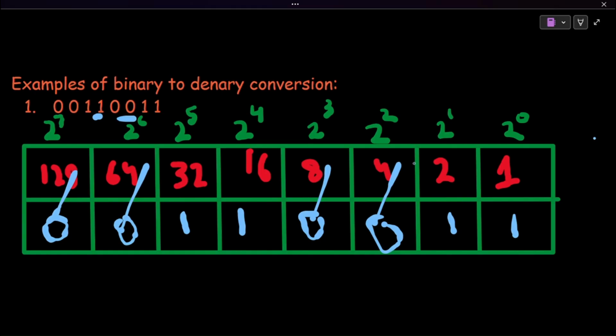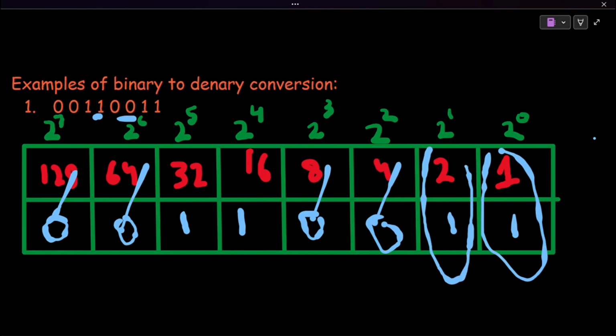For the remaining numbers, like 1, there is 1 written underneath it. So we are going to mark this. Then we have 2. We are going to mark this as well. Why? Because there is 1 written underneath it, which means on. Then we will ignore this one.